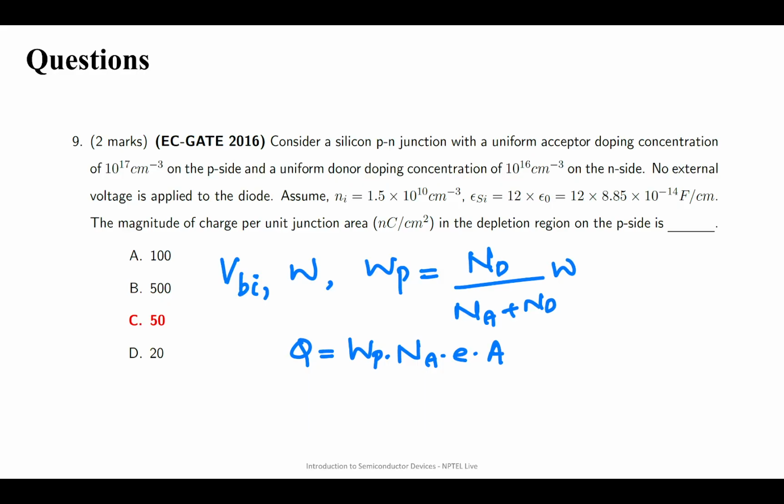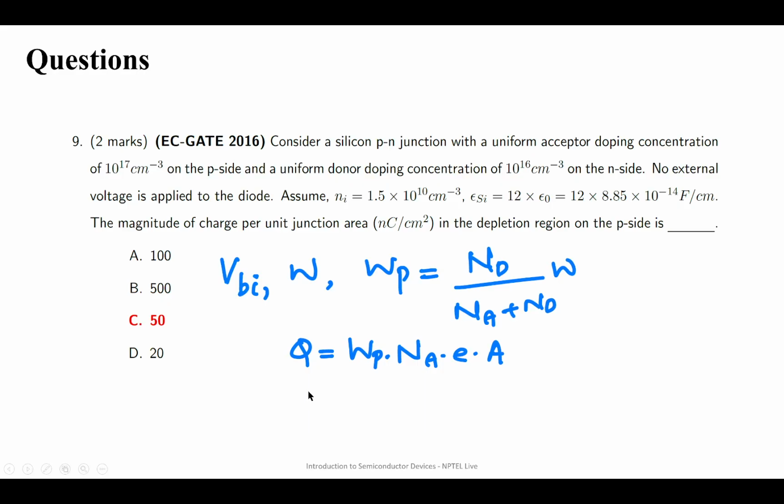The answer would be 50. So from the given values, you can calculate VBI, W, and your XP, and then your answer to this question is charge equals WP into Na. So total charge is WP, or XP, into Na into q into A, where A is your junction area.